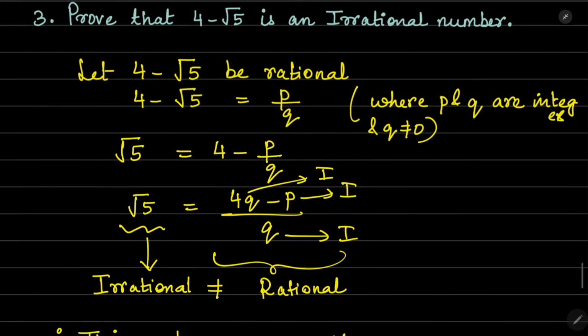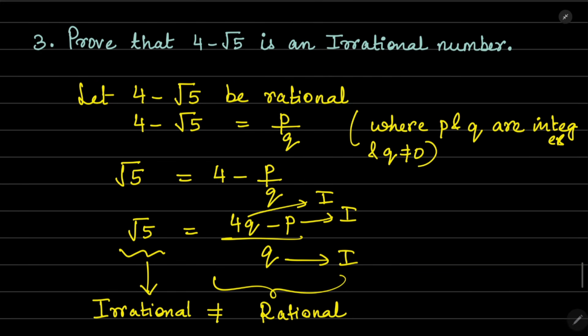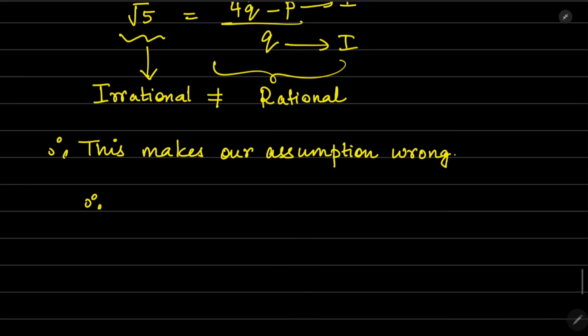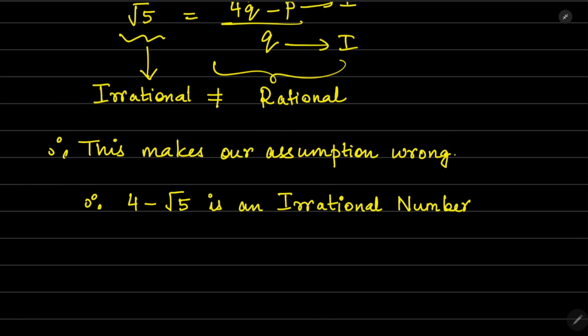Therefore, what we had assumed initially, that is 4 minus root 5, therefore, 4 minus root 5 is an irrational number. Hence proved. Do not skip any of these steps.